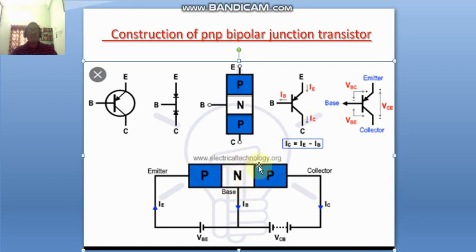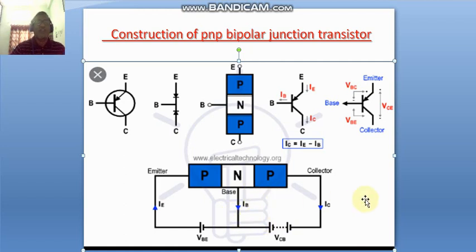If you consider the base region, almost around 2% to 5% of the charge carriers are recombining in this region. Therefore, here there is no current due to the recombination, but here in the N region the electrons are more in number compared to holes, so due to that only we are getting IB, the base current.